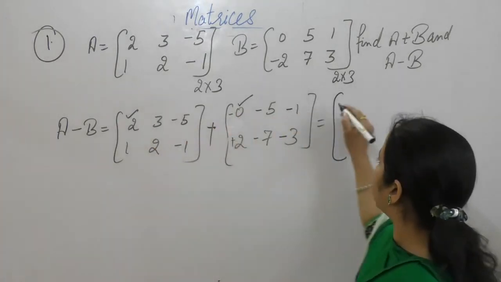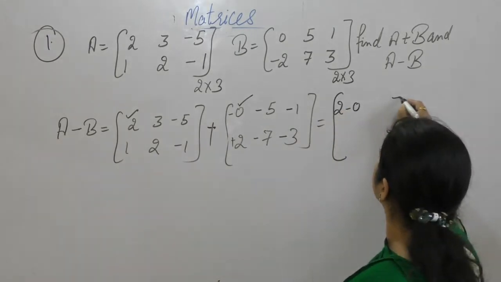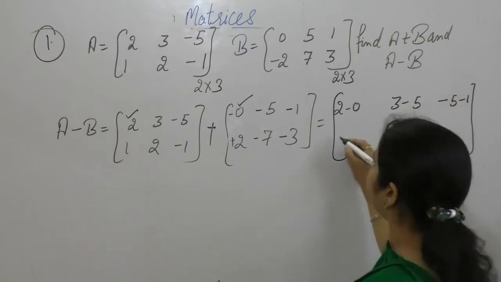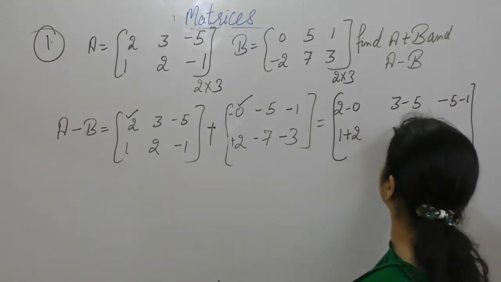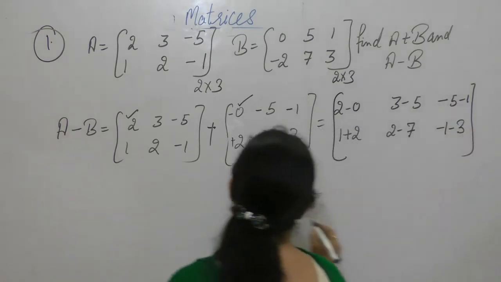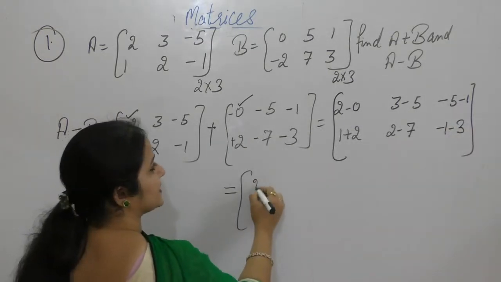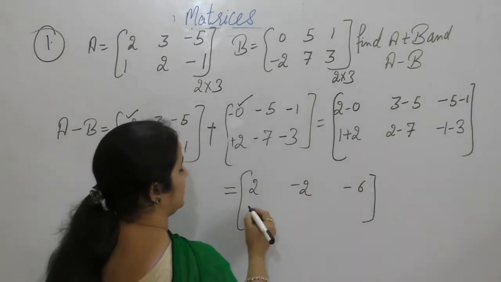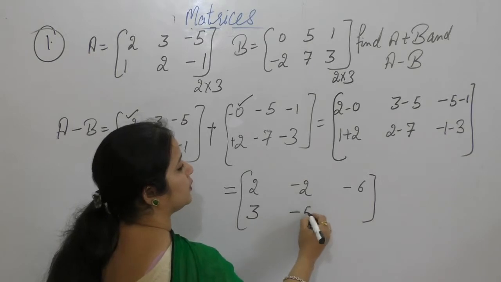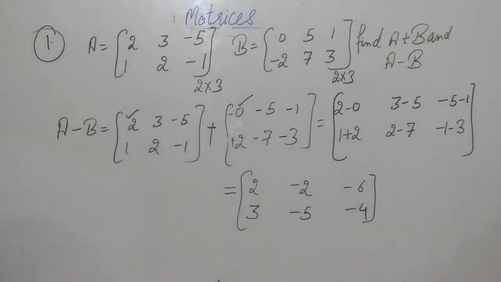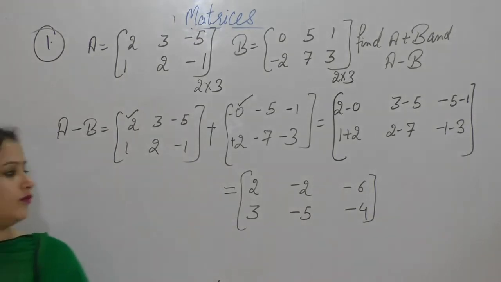Now 2 minus 0, 3 minus 5, minus 5 minus 1, 1 plus 2, 2 minus 7, minus 1 minus 3.